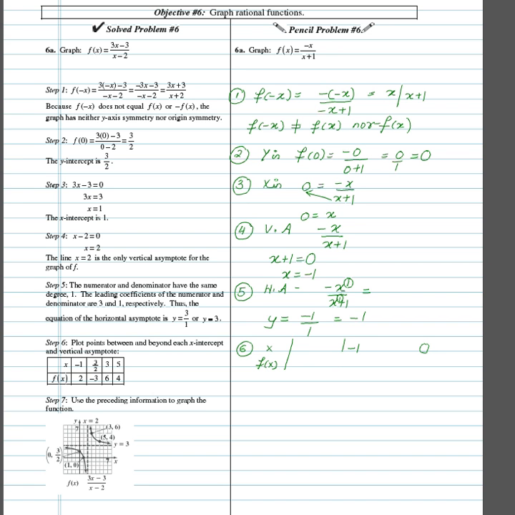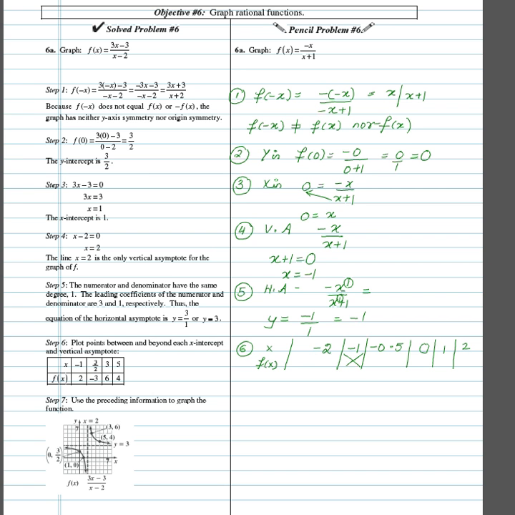And now I want to take values between and beyond. So -2, -0.5, 1, and I'm going to say 2. Remember, I will not have a value for x equal to -1 because that is my vertical asymptote. Now I am going to go ahead and find the rest of the values.